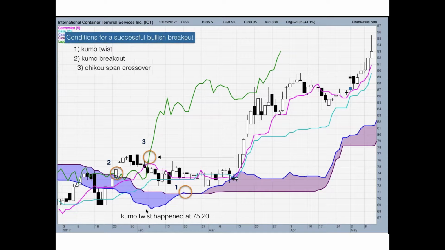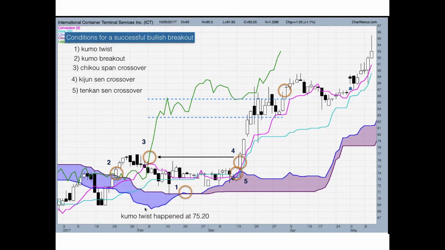A Chikou span crossover above the price. A Kijun-sen crossover. And a Tenkan-sen crossover above the Kijun-sen. Prices consolidated within a range after that breakout, and then made another breakout to the upside.